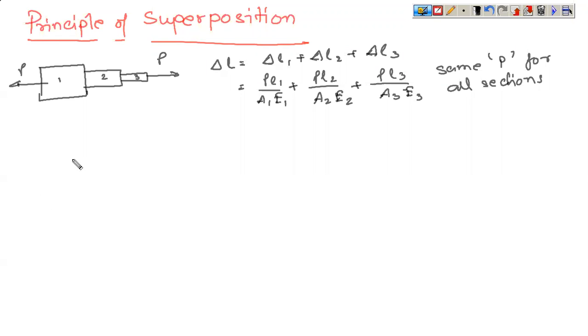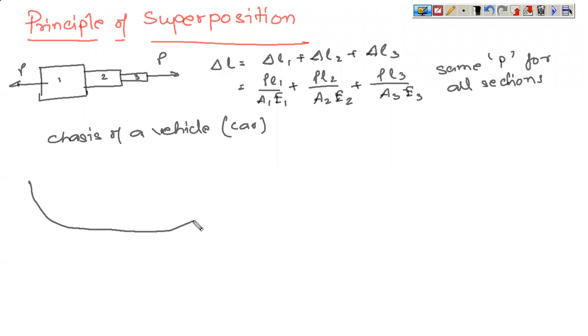Now let us take a real life example. Let us take a chassis of a vehicle. A vehicle, let us say a car. So what do you mean by a chassis? It is something of this type.